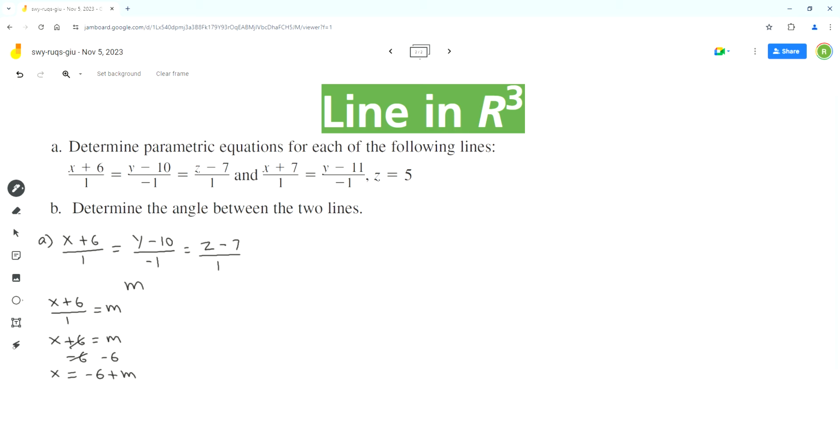Now we can do the same analysis for the y fraction. We can cross multiply the negative 1. Now we can add 10 to both sides.